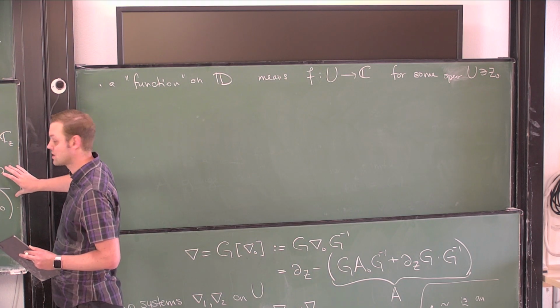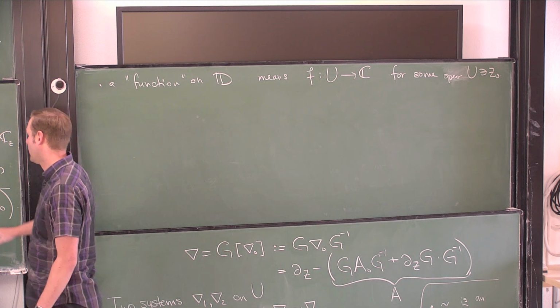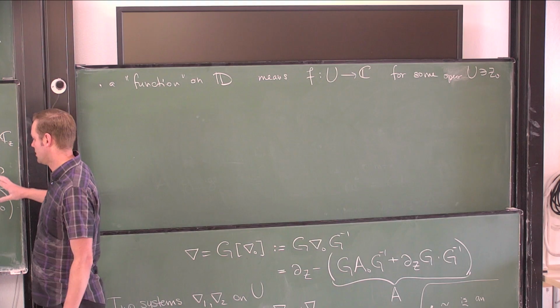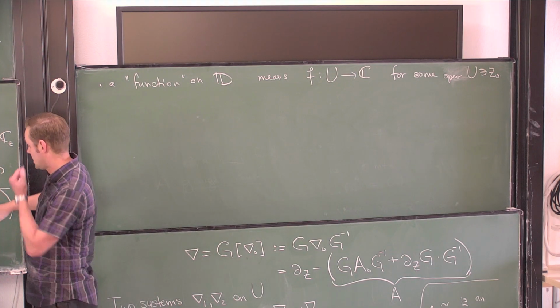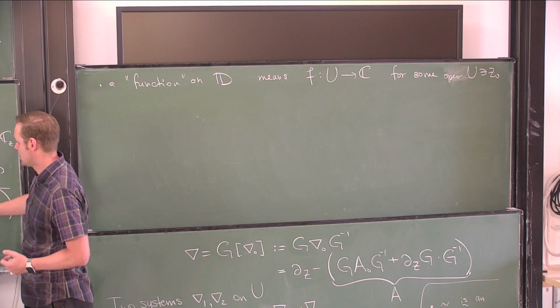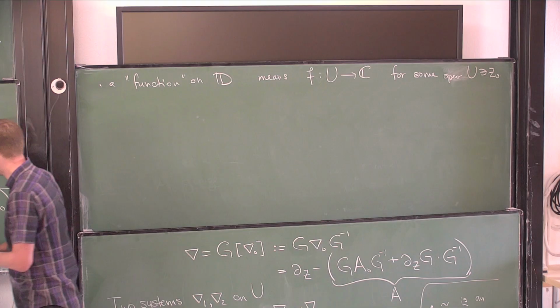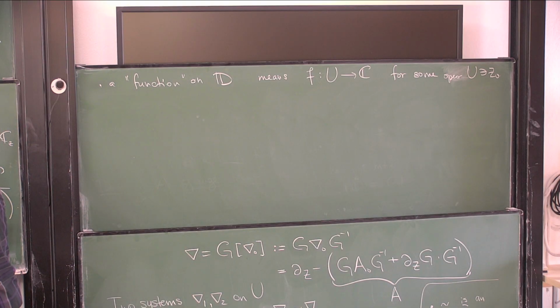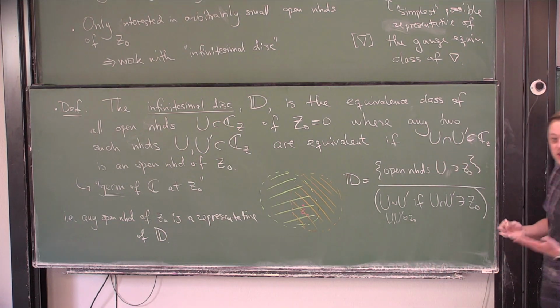You mean why this is a single equivalence class and not a set of equivalence classes? A priori it doesn't have to be, but in this case it turns out to be, simply because if U and U prime are open neighborhoods of Z naught, their intersection is necessarily an open neighborhood of Z naught.